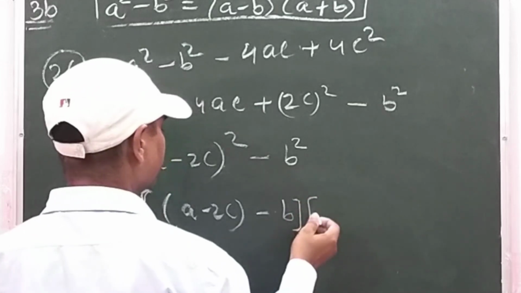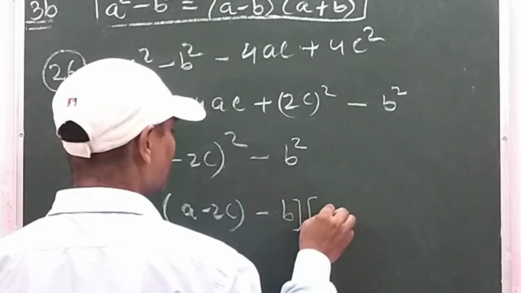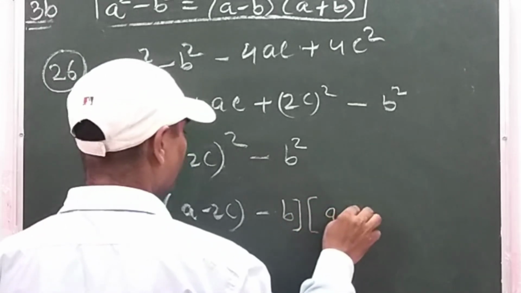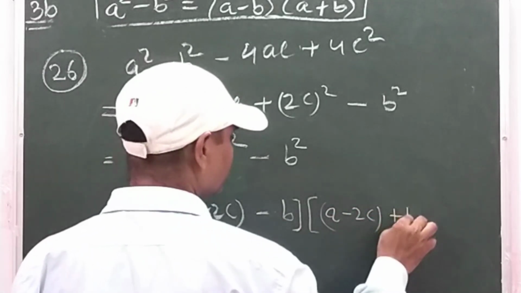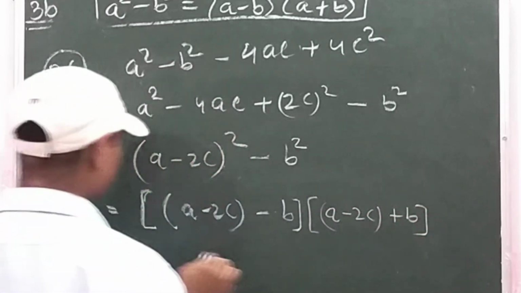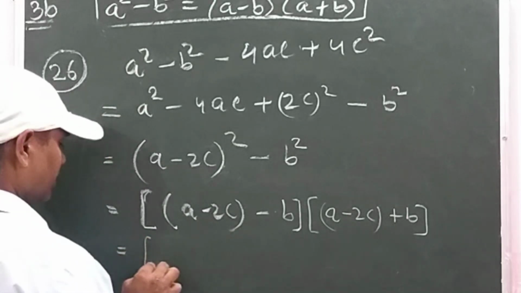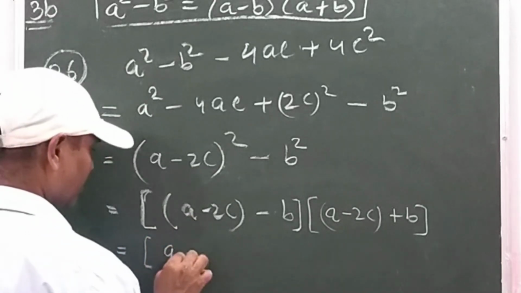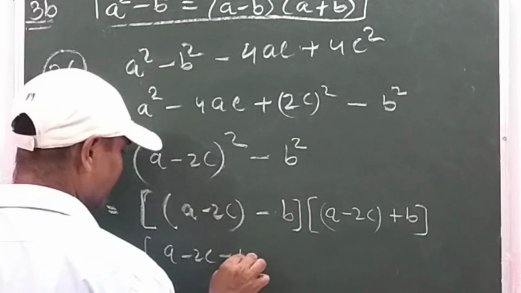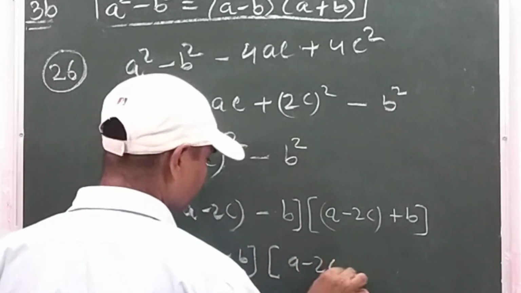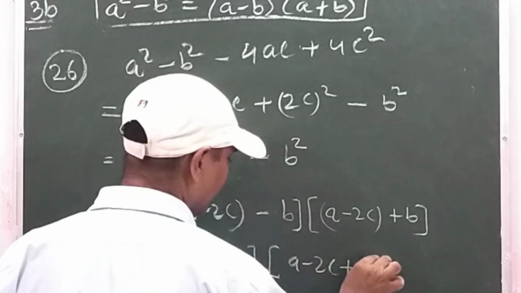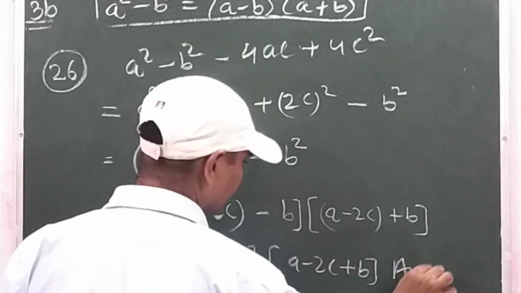And next, a minus 2c plus b. Now we will change. This is a minus 2c minus b in one bracket and a minus 2c plus b in another bracket. This is our answer.